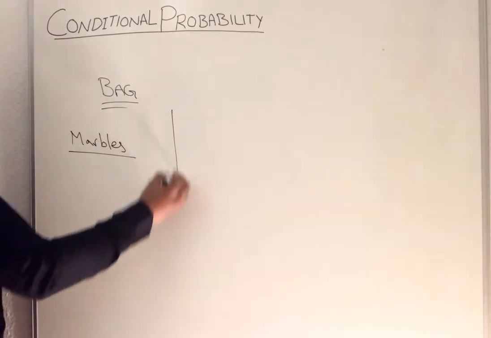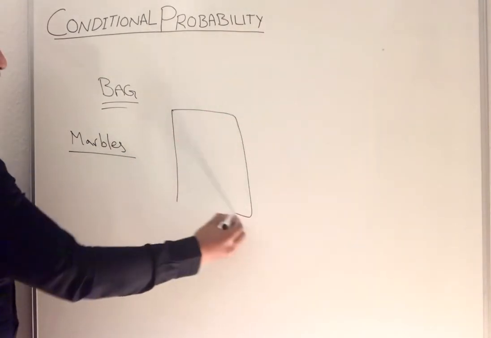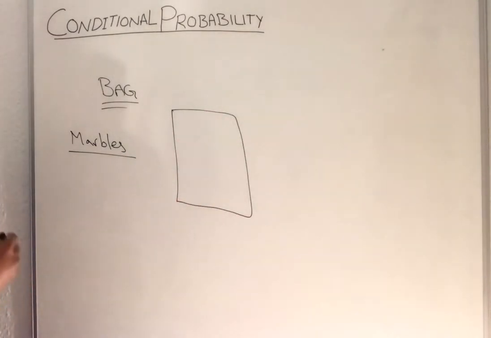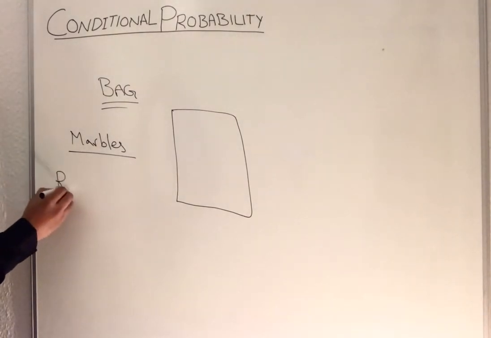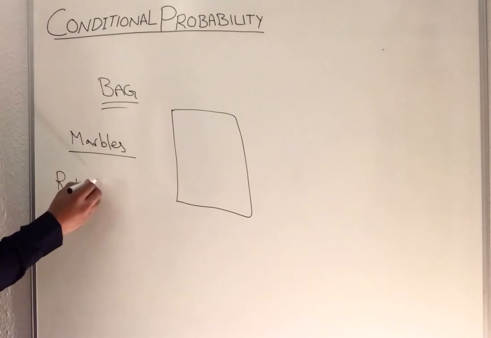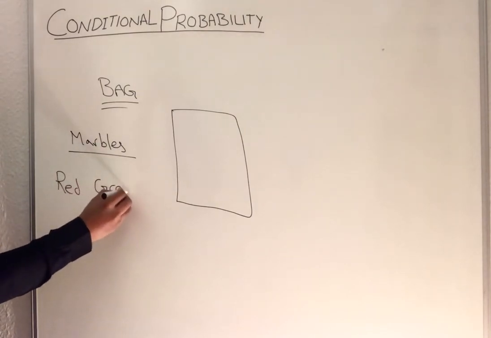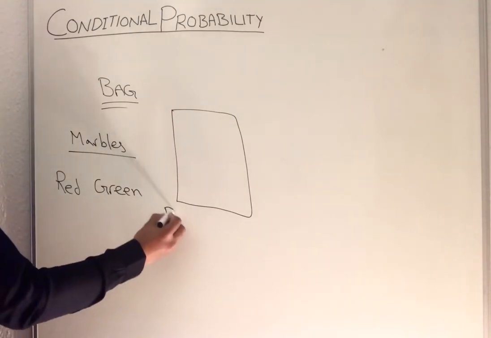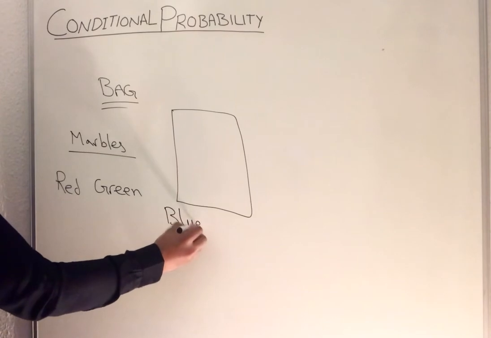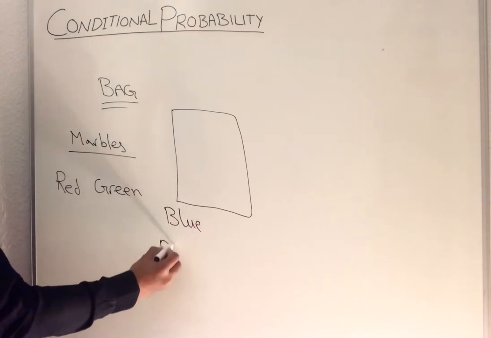If I show it here, this is our bag, and in this bag we have red marbles, we have green marbles, we have blue marbles, and we have black marbles.